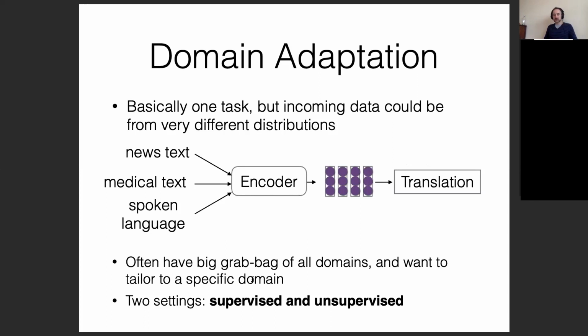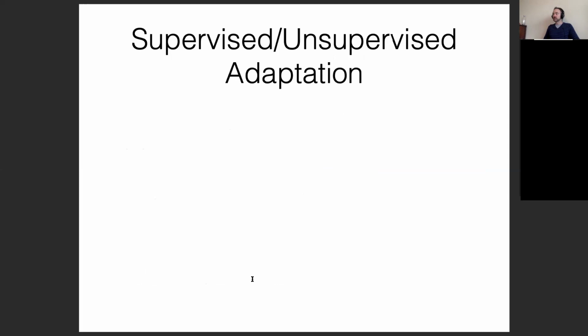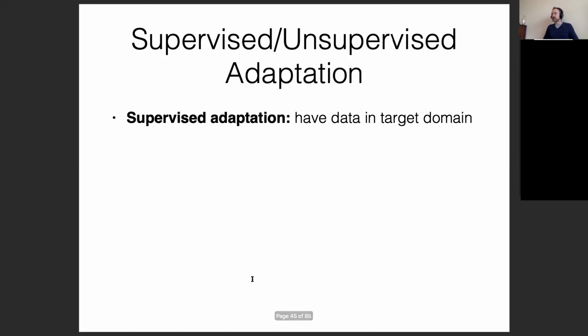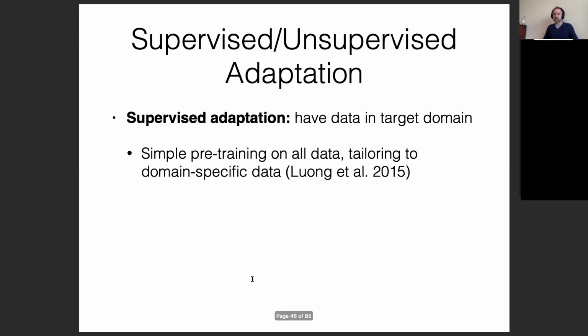We have two settings. One setting is unsupervised and another is supervised. In supervised domain adaptation, we have both inputs and outputs in the target domain. In unsupervised, we have just inputs in the target domain. Or just outputs, depending on the task; if it's a sequence modeling task, we might have just outputs as well. For supervised adaptation, we have data in the target domain.